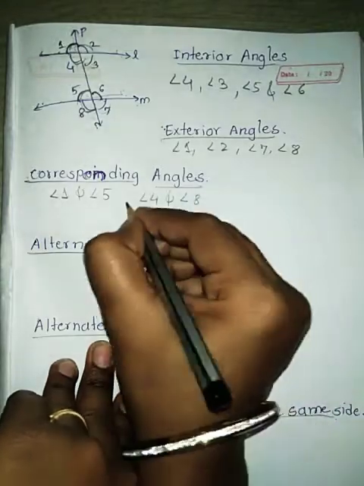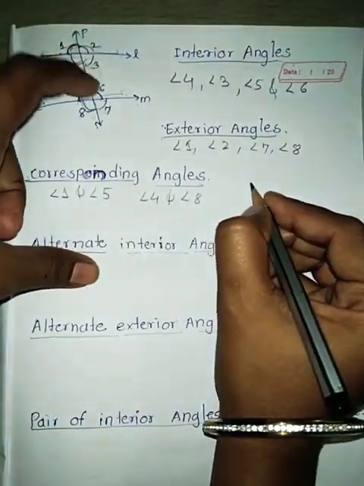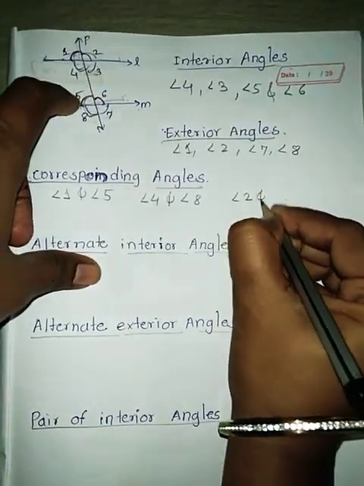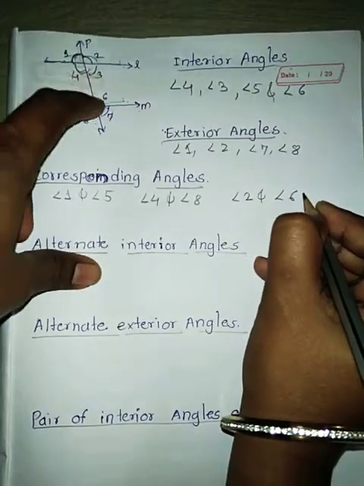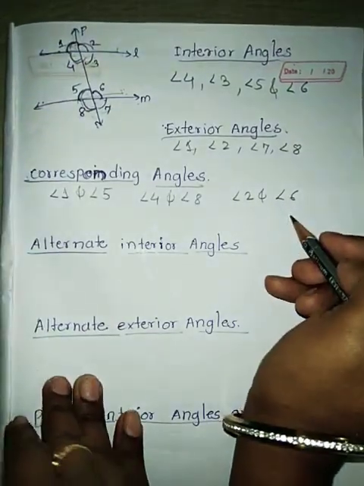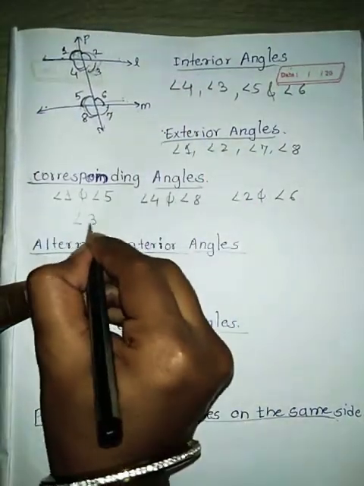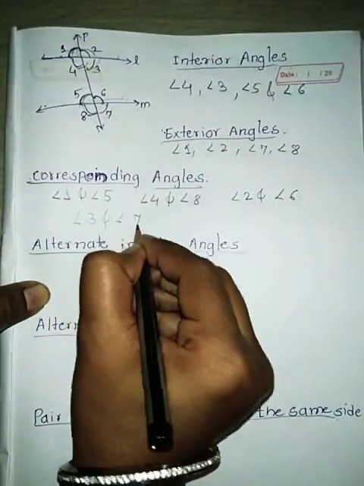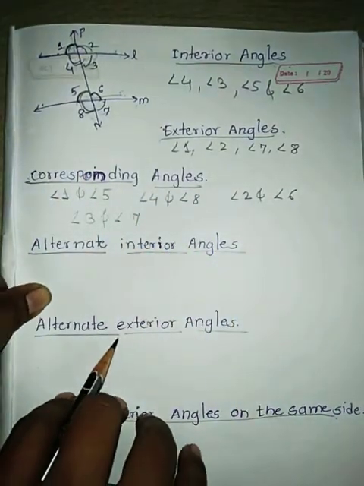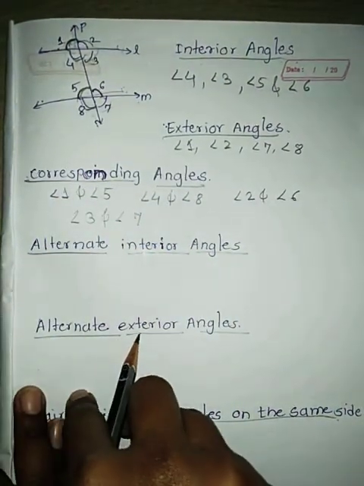Next pair is angle 2 and angle 6. Then the next pair is angle 3 and angle 7. These are called corresponding angles of each other.